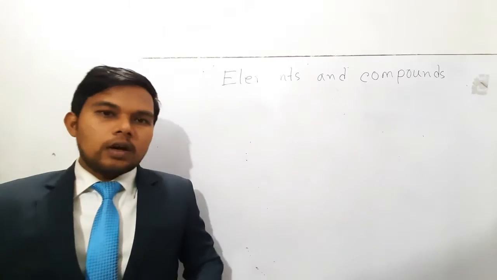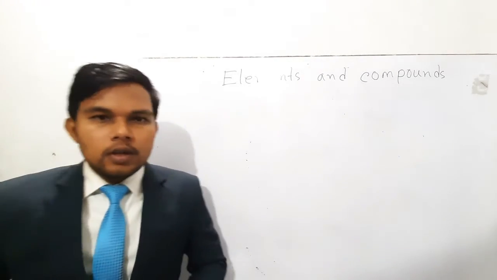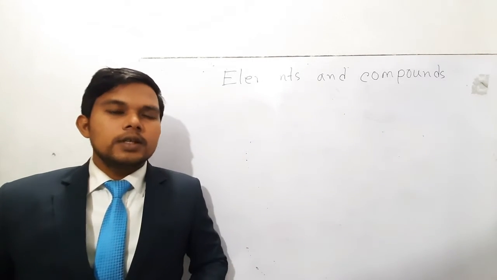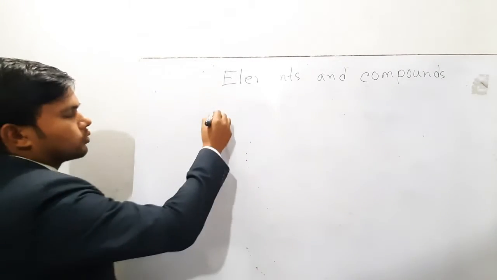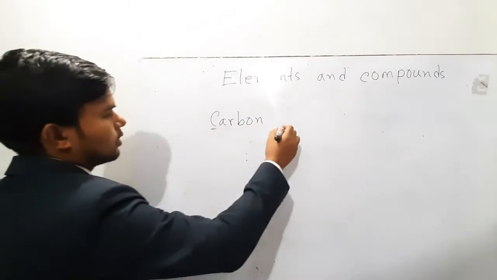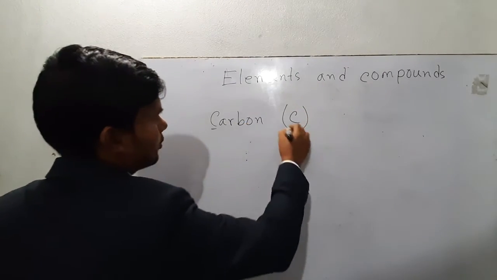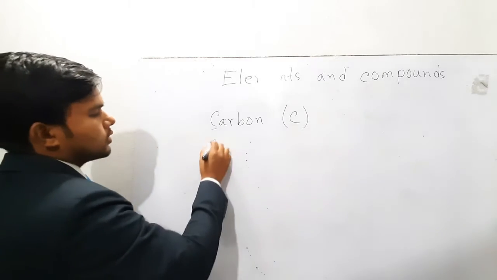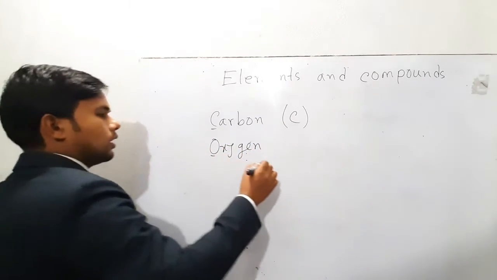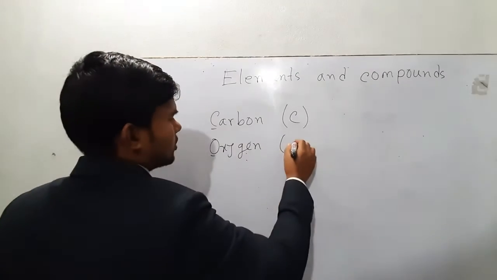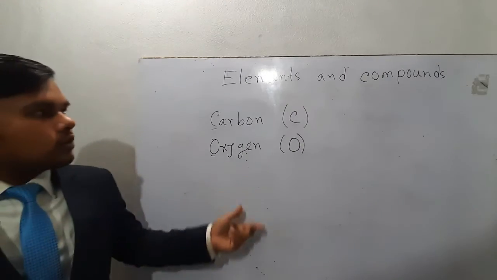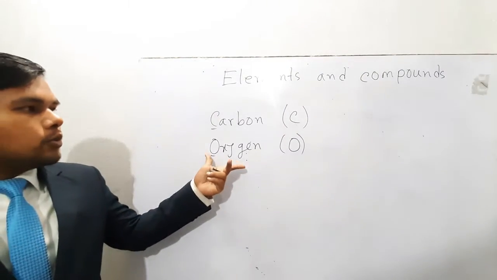First of all, the symbol is expressed with the first capital letter of its English name, like carbon. The first letter is C, and carbon is expressed by capital C. Like oxygen, the first letter is O and the symbol is expressed with capital O. So this is the general way to express the symbol of elements.